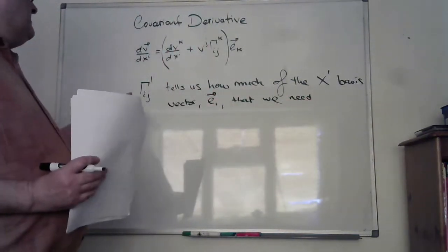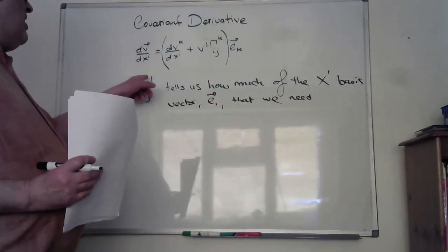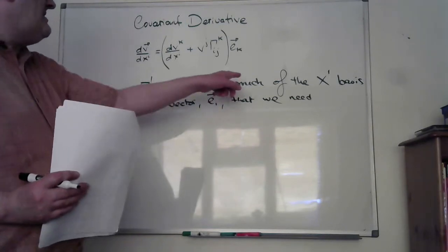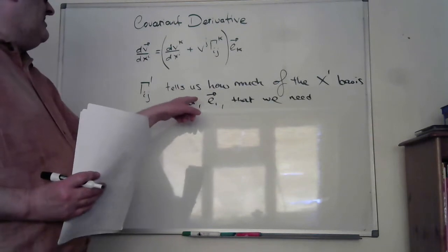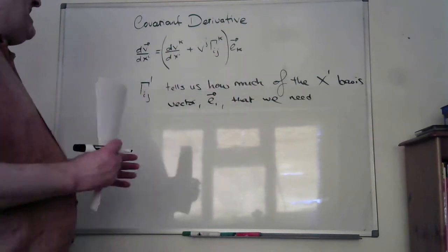There you are. Gamma superscript 1 subscript ij tells us how much of the x superscript 1 basis vector E subscript 1 that we need.